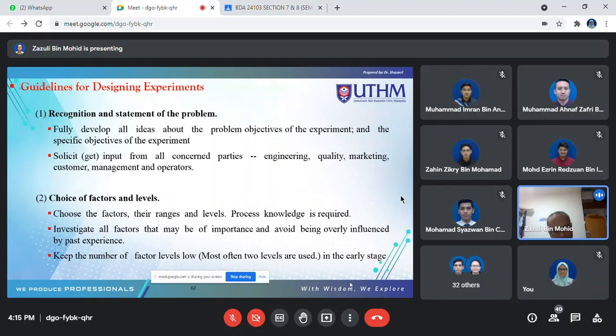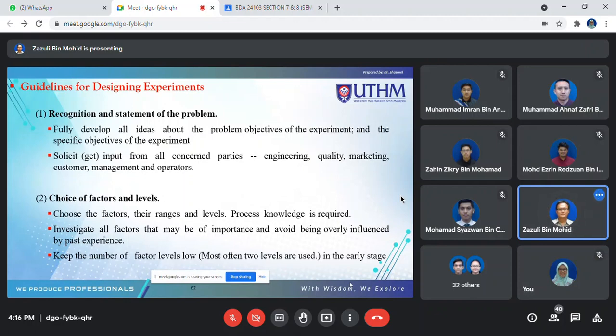However, at the first stage, it is recommended for us to just look at the minimum number of levels, and also the minimum number of factors. So we have to do some preliminary study to check whether the knowledge that we have obtained from reading, from survey, or from any source of information is reliable.